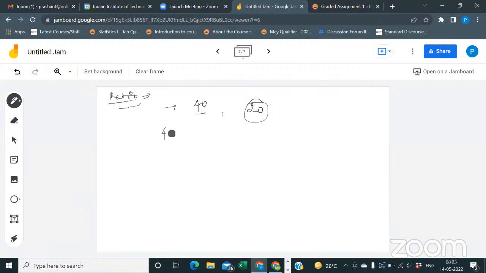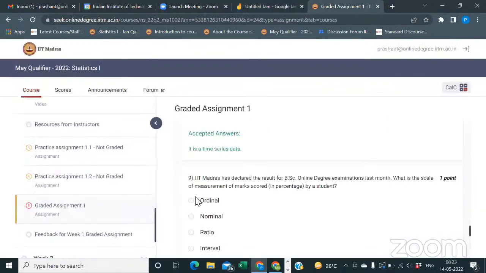Then I can easily say your marks are 2 times my marks. That is where the ratio scale is applied, and in this particular question, marks scored in percentage by a student, so the ratio scale will be applied.